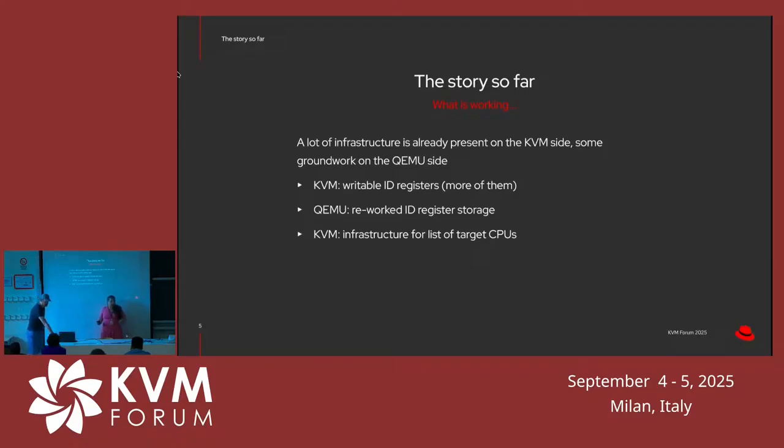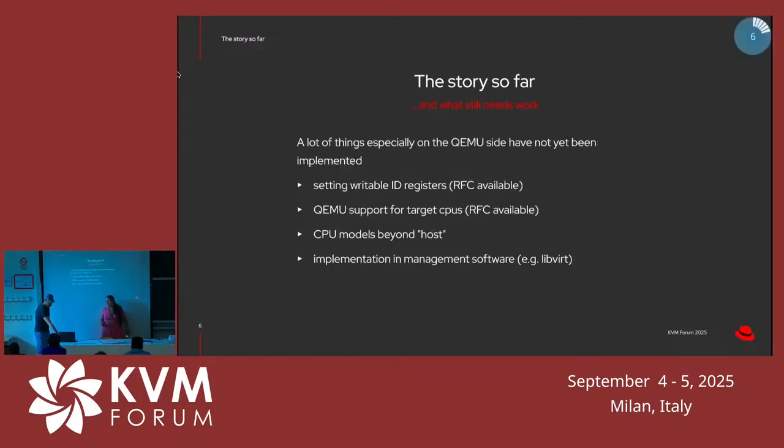On the QEMU side, not that much progress. We do have some code merged that is reordering the ID register stuff in QEMU, how it is stored, and is basically laying the groundwork for future updates there. And thanks to Shamir, we also have some code in KVM that can be used to specify a list of target CPUs for errata management. We'll talk a bit more about that later on.